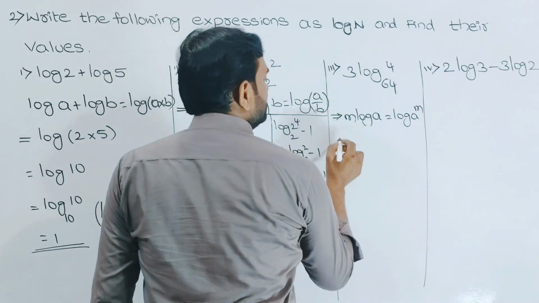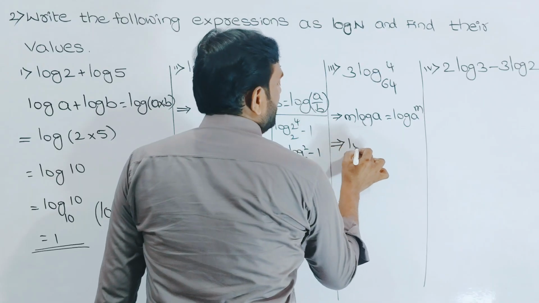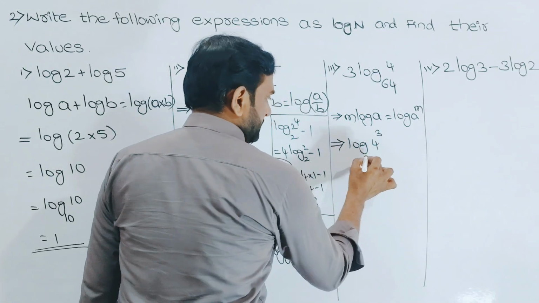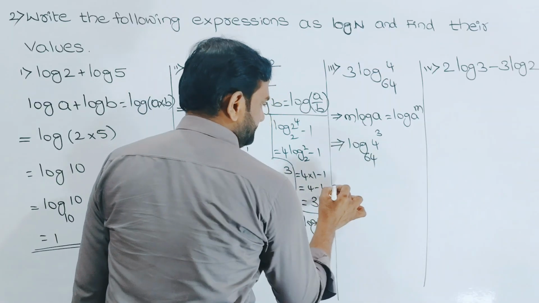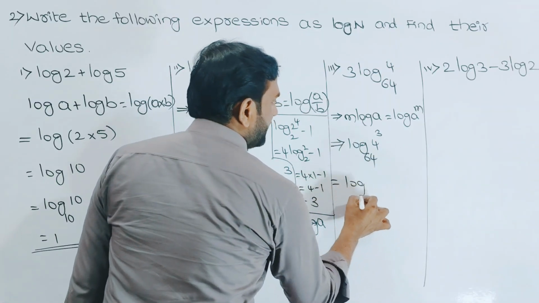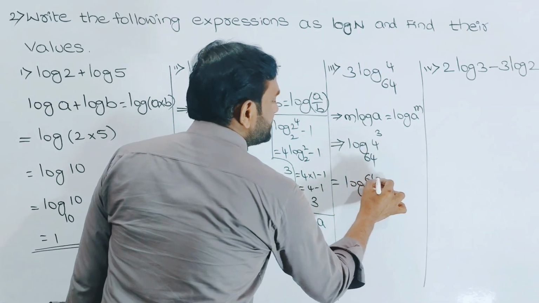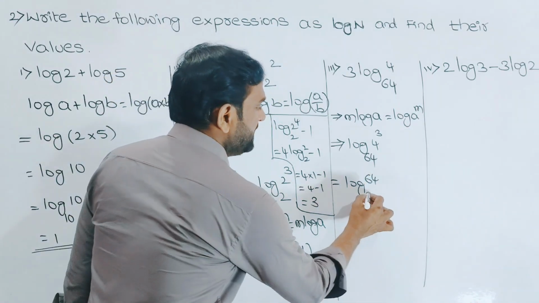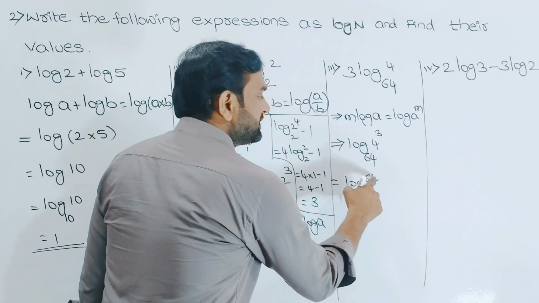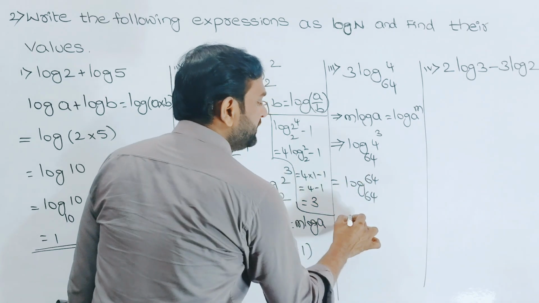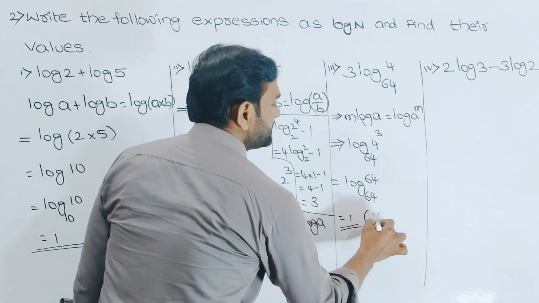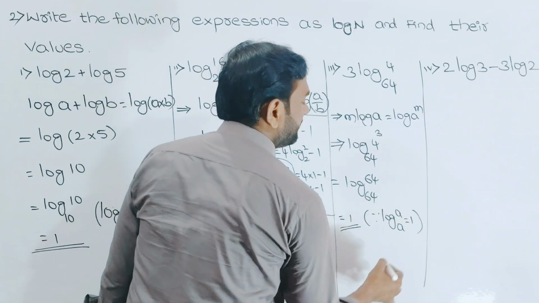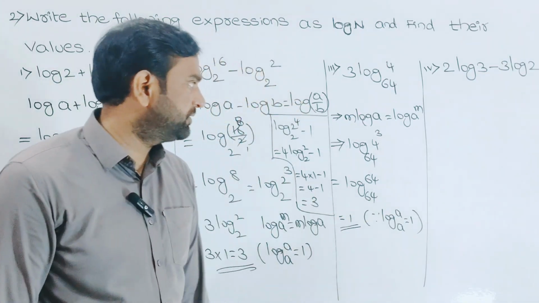So 3 log 4 means log 4 cube base 64. 4 cube is nothing but 64: 4 fours are 16, 16 fours are 64. So log 64 base 64. If these two are equal, then the value is 1. Why? Because log a base a equals 1.